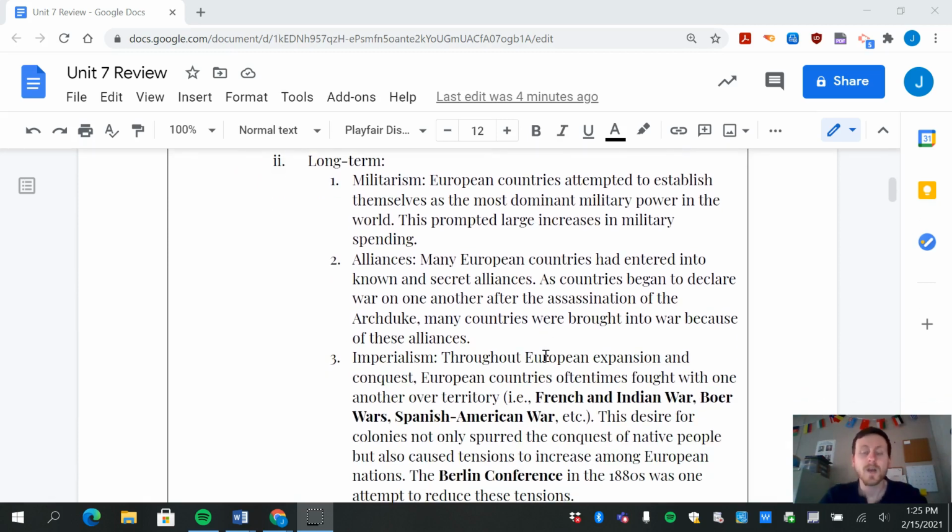So to begin with, we have militarism. Militarism is where a country is attempting to establish themselves as a dominant military power. And the way that they're doing this is by spending a lot of money on the military.